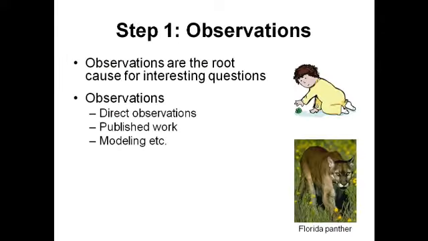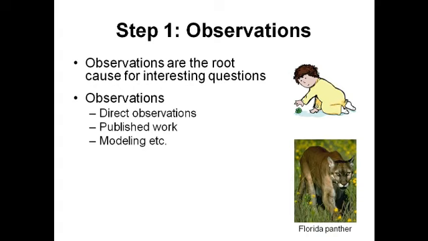Okay, so let's talk more about these specific steps of the scientific method. We'll start with observations. In any science, observations are the root and the most important first step, because if you observe the natural world with a curious mind, you will come up with questions.